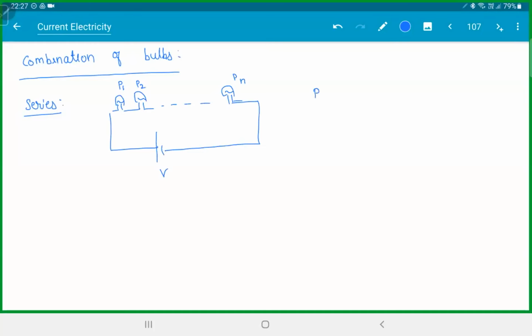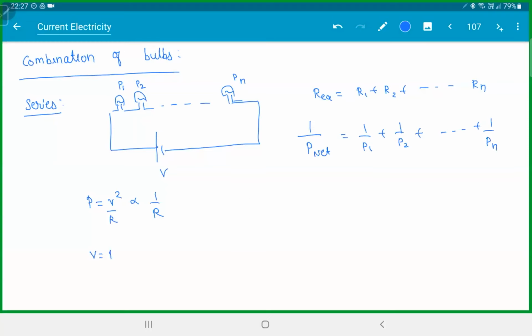We know all of them are in series. So R equivalent will be R1 plus R2 plus so on till Rn. And we also know power is equal to V squared by R, meaning power is proportional to 1 by R. We can write the total power as 1 by P net is 1 by P1 plus 1 by P2 plus so on until 1 by Pn. Here V is the rated voltage.